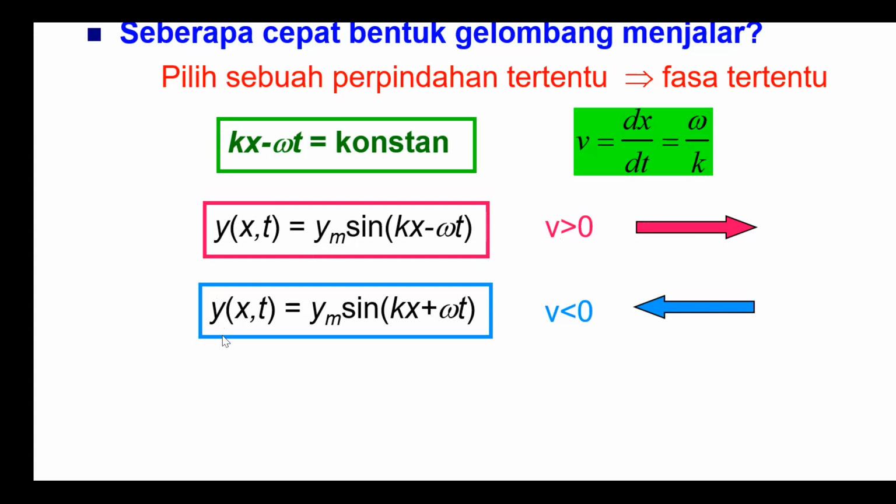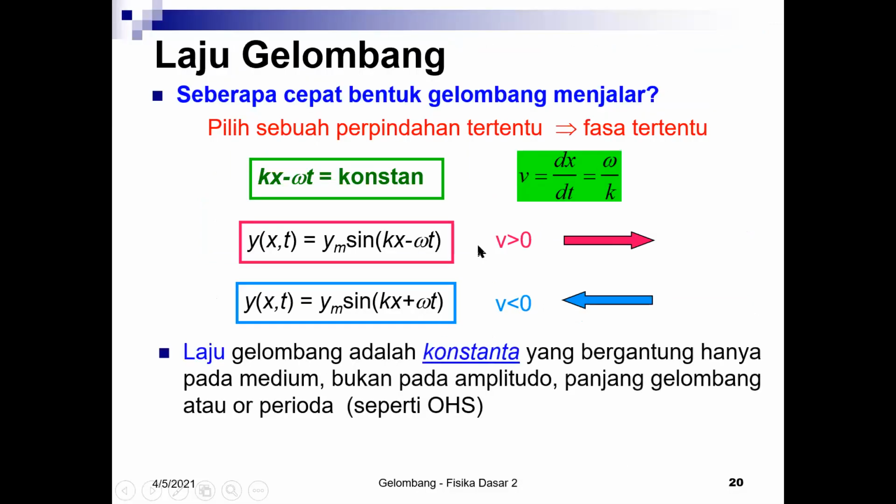And for the second function, we have this plus sign here. It means that the wave moves from right to left. Okay. So we have also discussed that the speed of the waves depends on the medium.